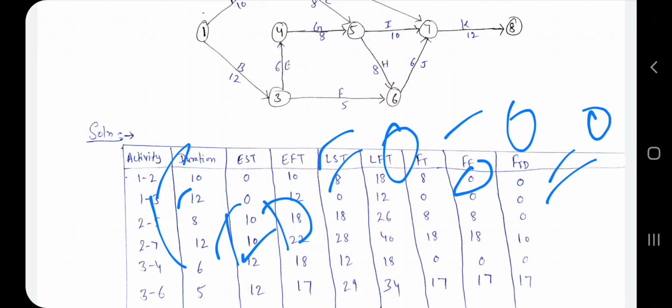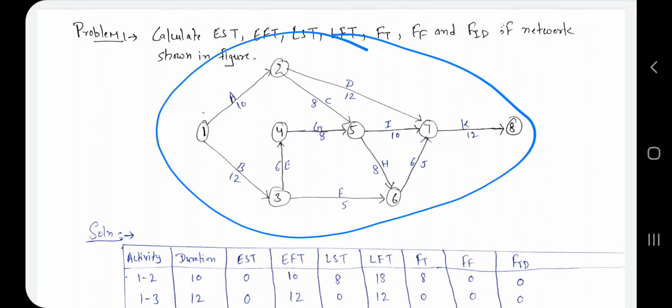Remember that the TE and TL values are not given, only the expected time is given. After finding the TE and TL values you have to find the EST, EFT, LST, LFT and all types of float.